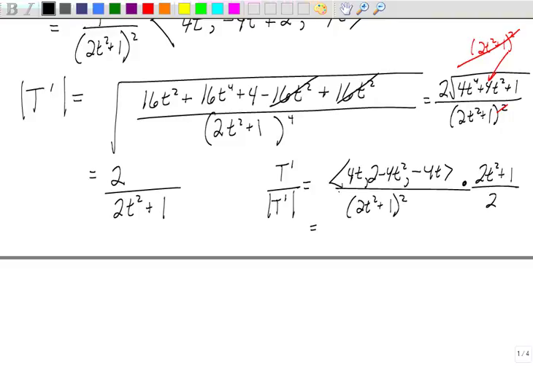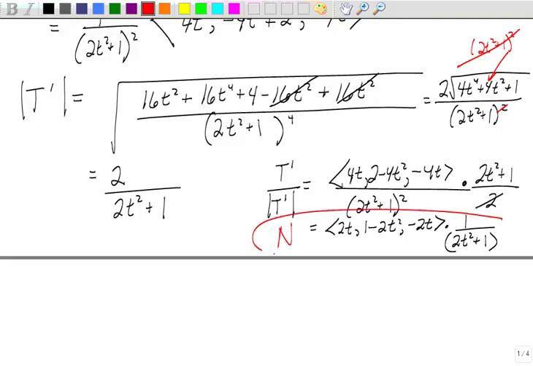And we'll take out a 2, so that 2 is going to cancel with a 2 in each of that, so that's going to be 2t, 1 minus 2t squared, minus 2t, times 1 over 2t squared plus 1. And this right here is the normal unit vector, T prime over the magnitude of T prime.